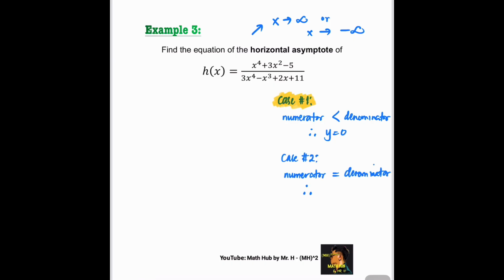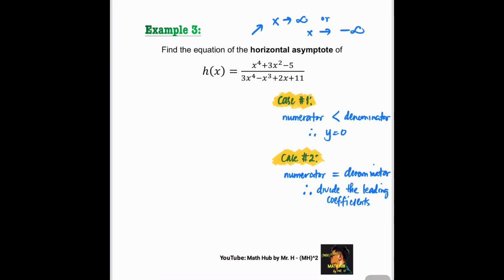All right, so for case number 2, if the degree of the numerator is equal to the degree of the denominator, in order to find the horizontal asymptote, we need to divide their leading coefficients. Leading coefficients are the numerical coefficients of the term that has the highest exponent.